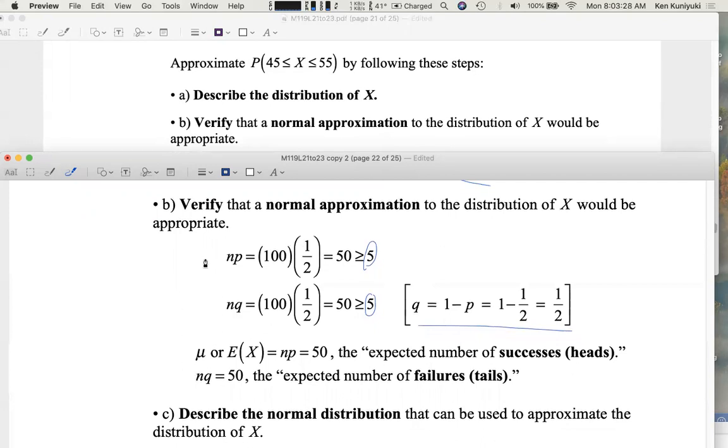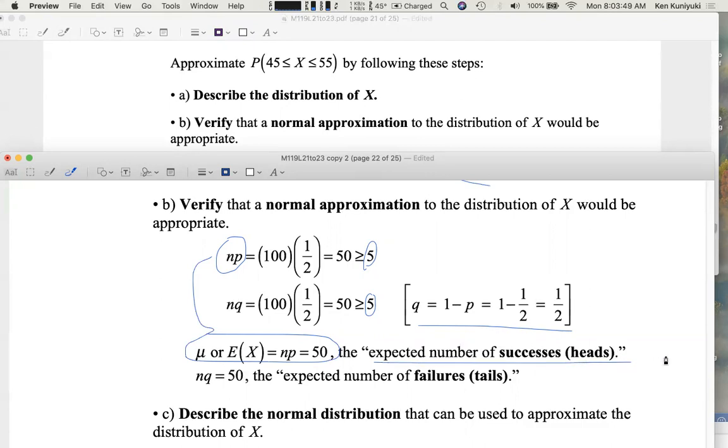So our mean here, by the way, is given by np, which is the same formula as this over here. So when you calculate np, you're also calculating the formula for the mean, or the expected value of x. It's 50, which is the expected number of successes, or heads.